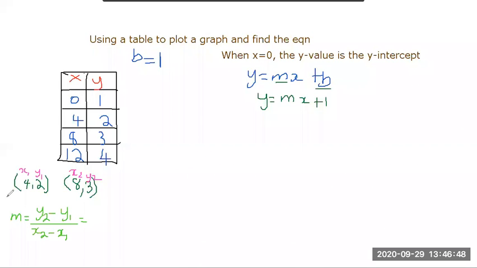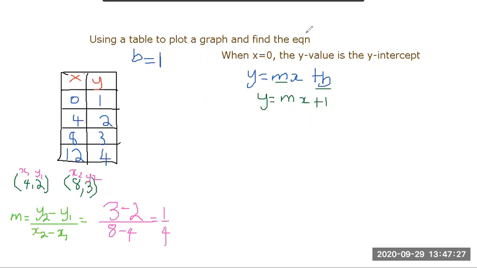So I punch in my numbers. y2 is 3, right? So it's 3 minus, and y1 is 2, divided by x2 is 8, and x1 is 4, minus 4. So my answer turns out to be 1/4.